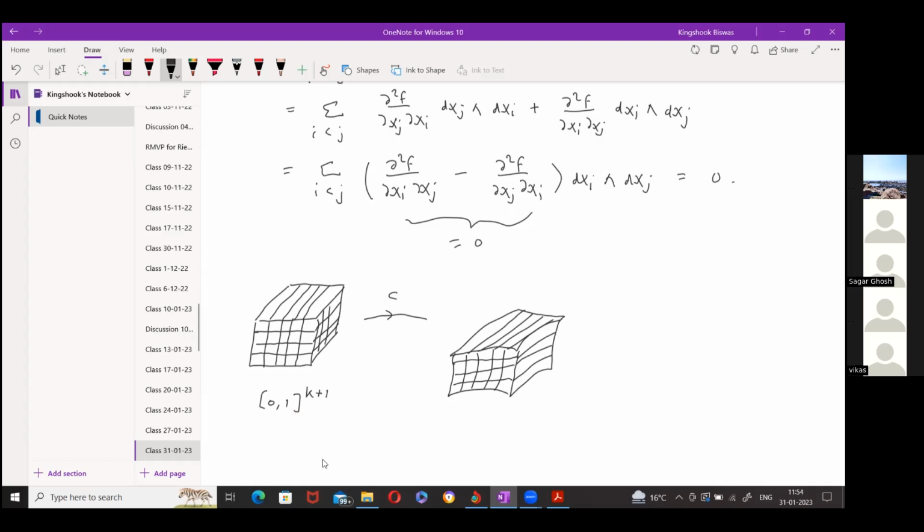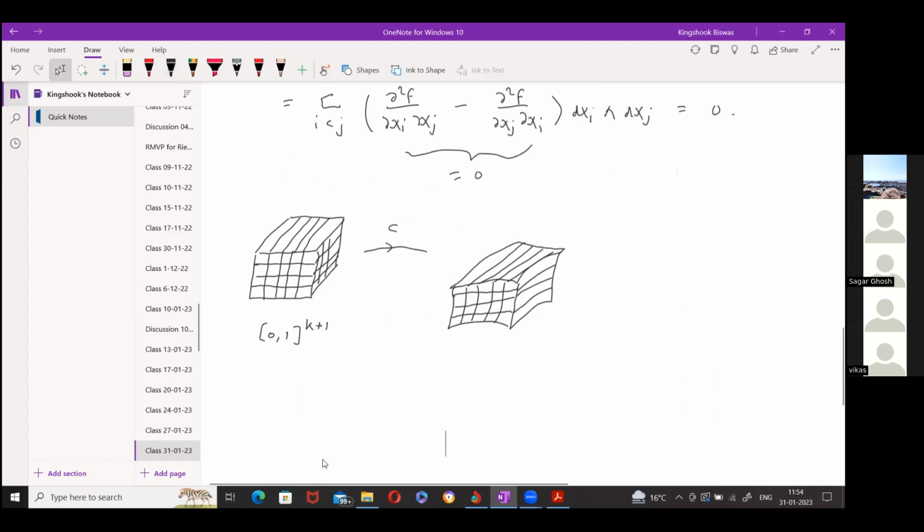Notice that if I look at the integral of omega over the boundary of C, I can write this as the sum of integrals of omega over the boundaries of these small cubes, right?